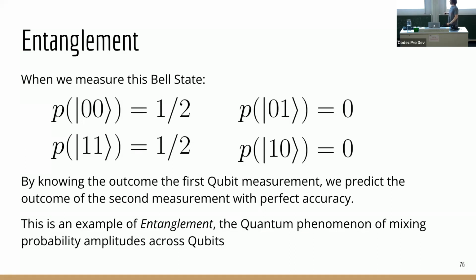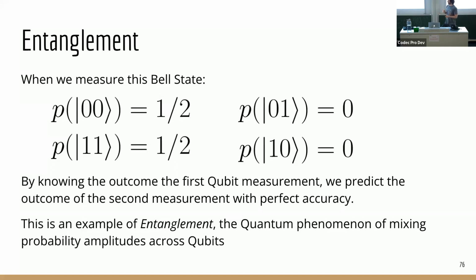What's interesting about this is that we can predict the outcome of our second measurement with perfect accuracy, just looking at our first measurement. Let's say that we create a Bell state, and I give you one of the particles used to create this Bell state, and you go very, very far away. You go so far away that there's no way to communicate with you very quickly.